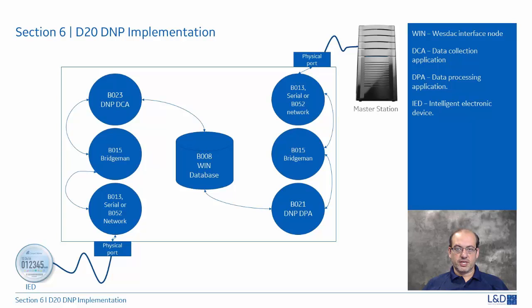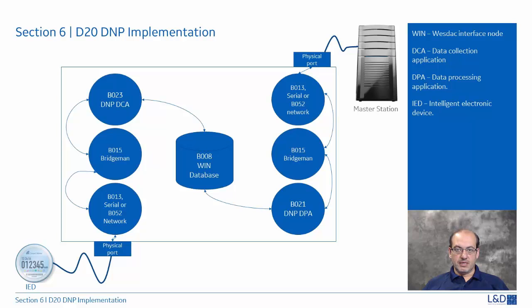The Bridgeman will check the source application ID or application address, that is the IED application address or DNP application address, and the destination application address, and the physical port through which this message should be transmitted.